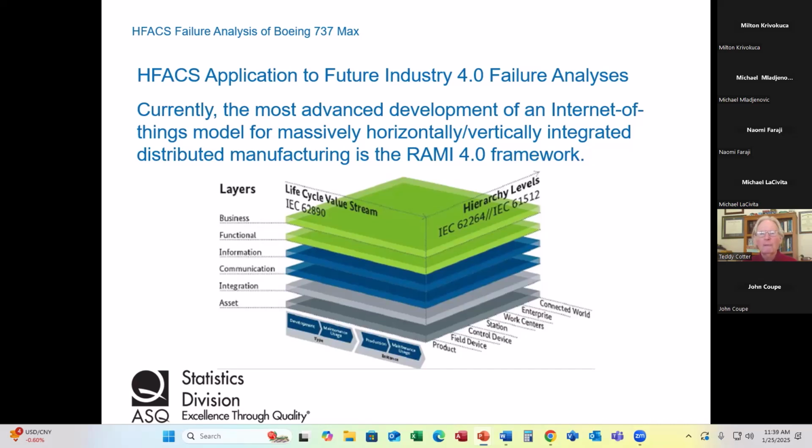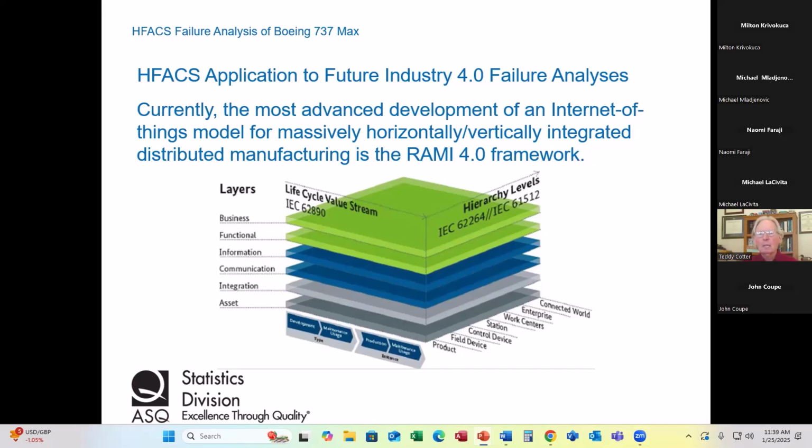It has layers on the left side that range from the asset, the manufacturing asset or the product itself, up to the business strategy itself. So it's taking into consideration the vertical layering of the business from its strategy all the way down to its actual production processes.